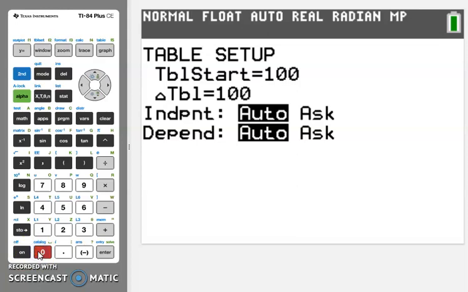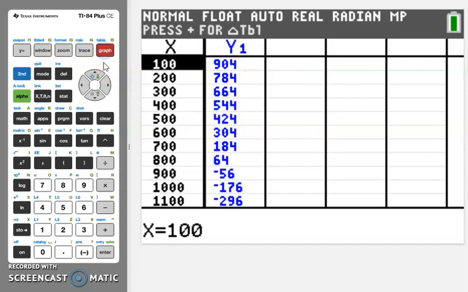Now we're going to go to the table, second graph. And there is the table, and you'll notice it starts at 100.